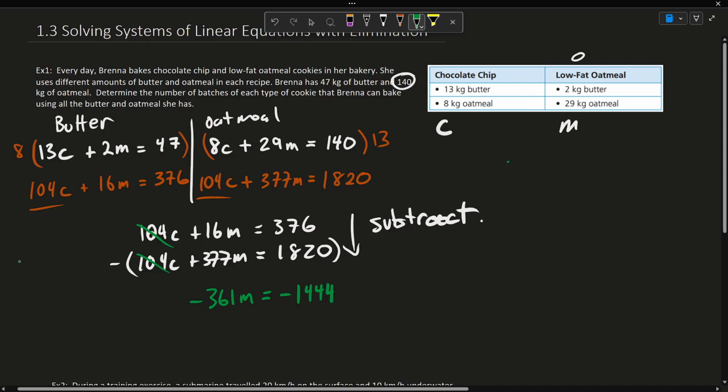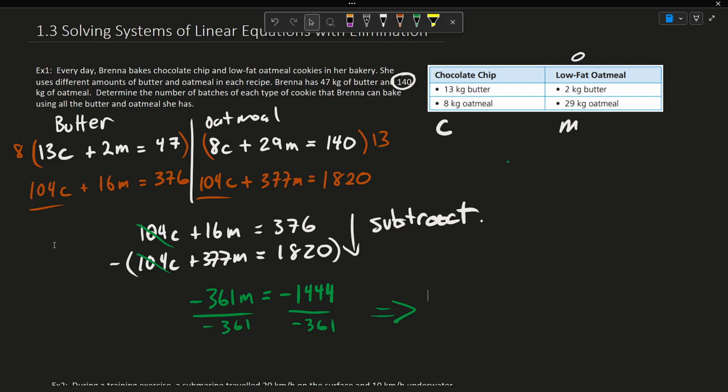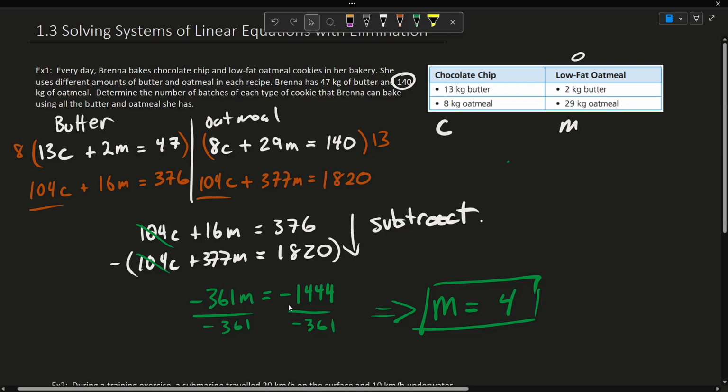Now I divide both sides by negative 361, and I end up with the fact that M is 4, because 1,444 divided by 361 turns out to be 4.